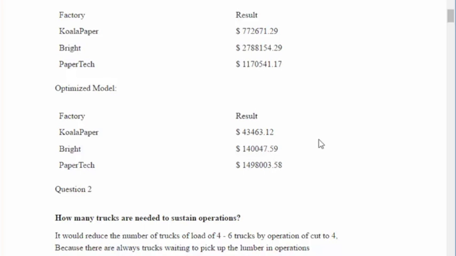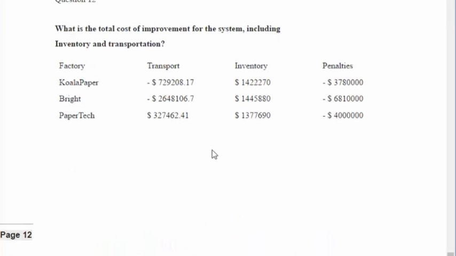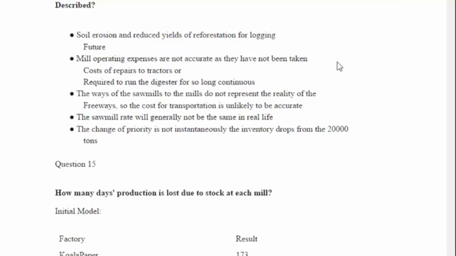What is the total cost of improvement for the system including inventory and transportation? The negative values mean a decrease in cost, and the positive numbers mean that there was an increase.